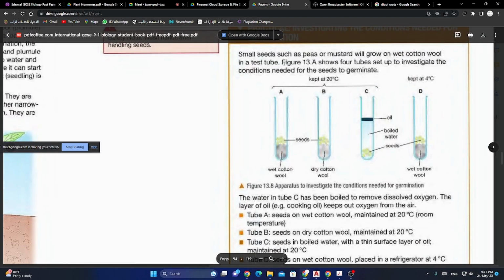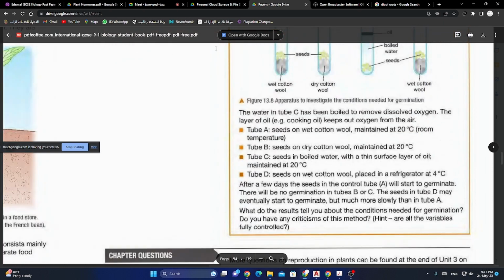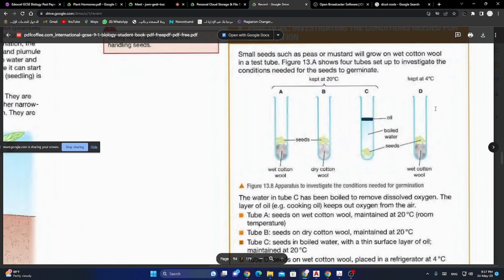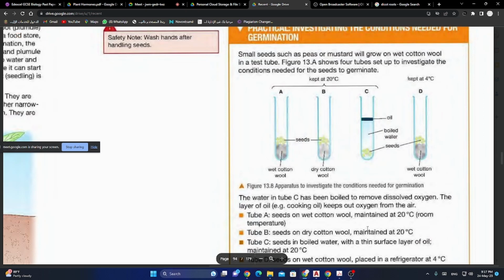Okay. So here they're asking, do you have any criticisms for this method? Are there any variables in this case that are not controlled? What are you saying again?